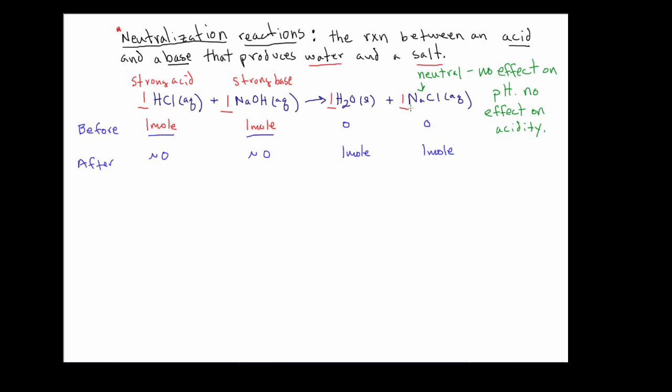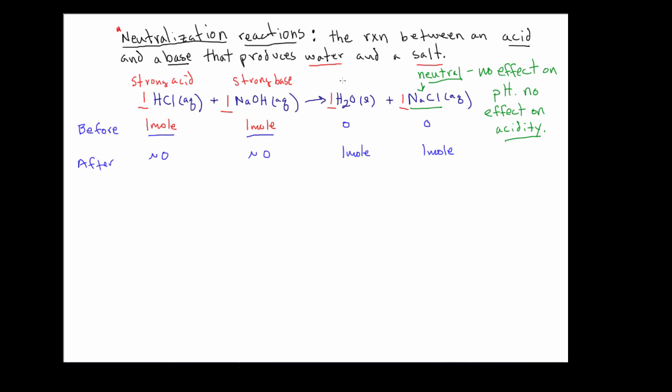And this is going to be true for any of the strong acid, strong base neutralizations between any of the 6 strong acids and the 5 strong bases. They all produce neutral salts. The salts have no effect on pH, no effect on acidity.